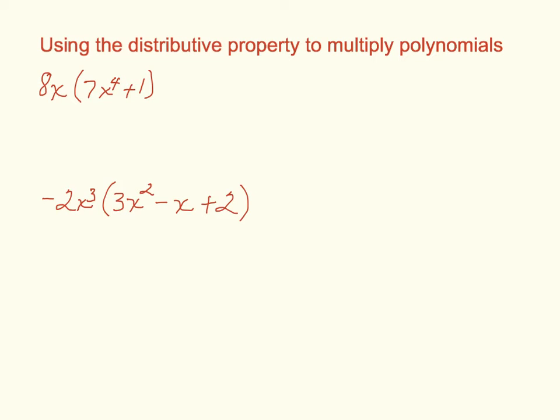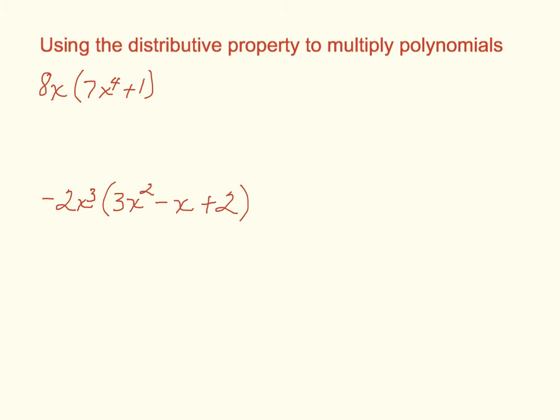Okay, now we're going to multiply using a distributive property. So notice we have a monomial in the first example here times a binomial. Monomial is a one-term polynomial, and a binomial is a two-term. So what we're going to do is just distribute.